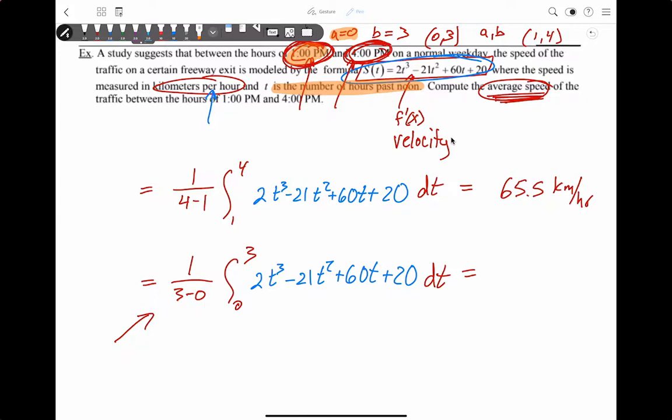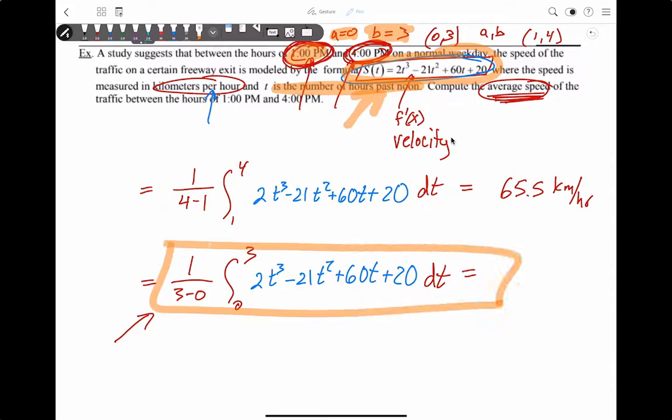So if this rate modeled the kilometers per hour, where t is the number of hours past 1 p.m., had it said 1 p.m. here instead of noon, then in fact I would have used 0 and 3. This one would have been correct.